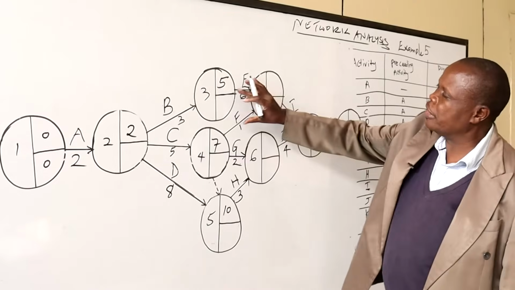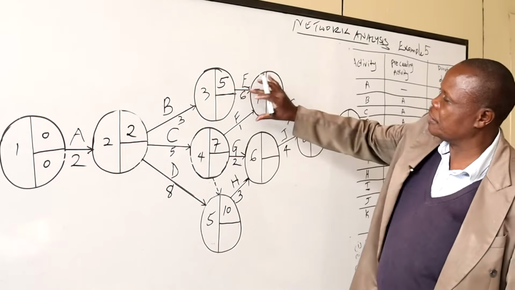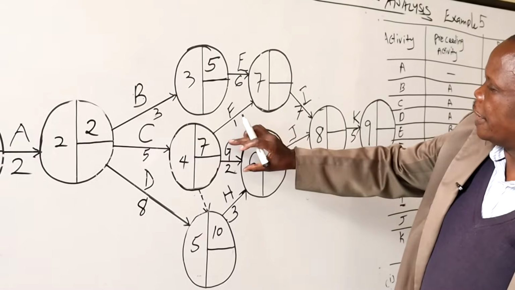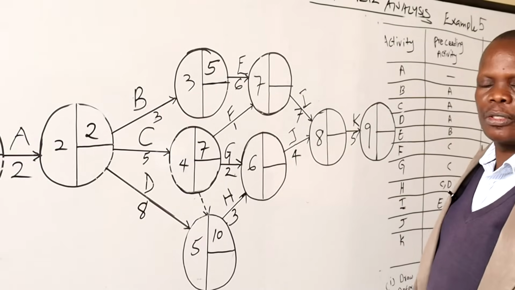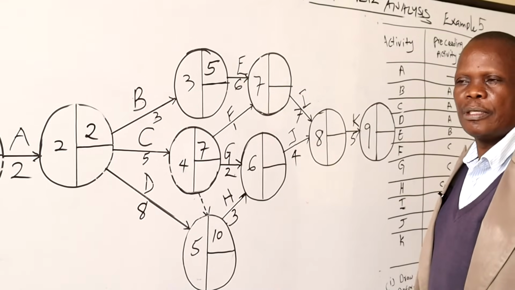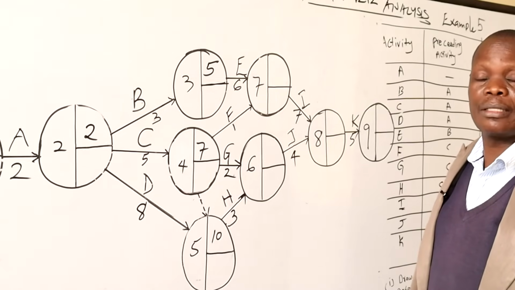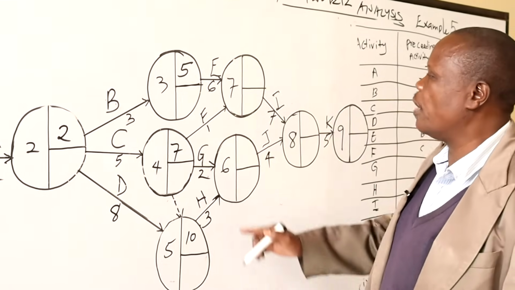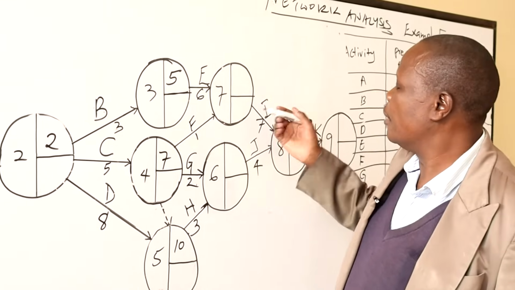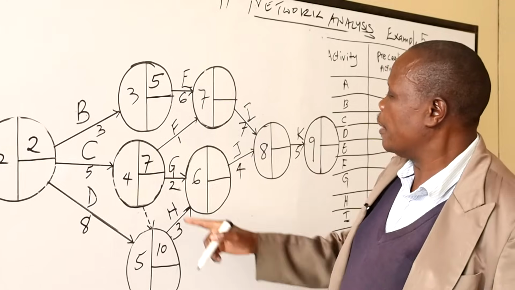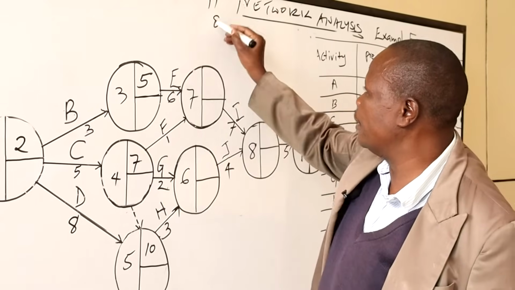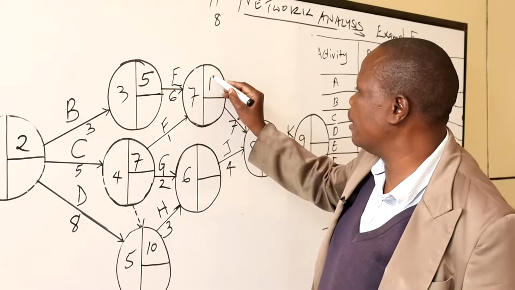Here we are faced by 2 paths, E and F. We are going to consider whatever happens in each path, add and pick the maximum duration. So that is 5 plus 6, 11. Then 7 plus 1 is 8. Obviously, maximum is 11.